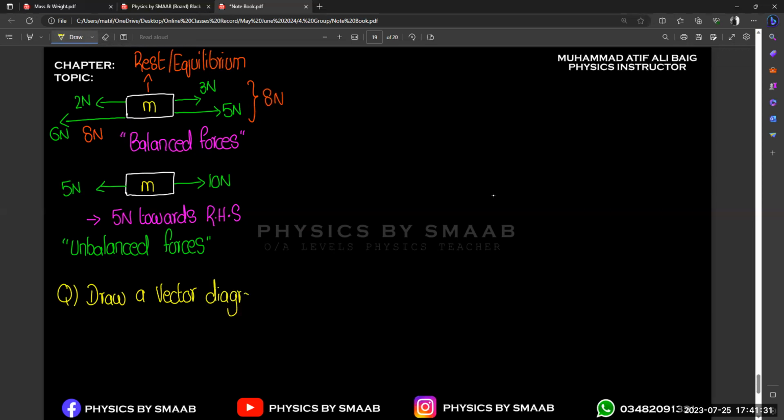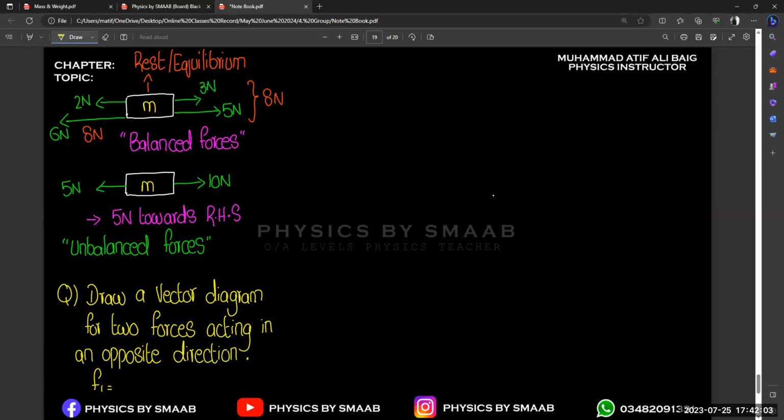Draw a vector diagram for two forces acting in an opposite direction, and let's suppose force 1 is equal to 100 Newton and force 2 is equal to, let's suppose, 80 Newton, right?